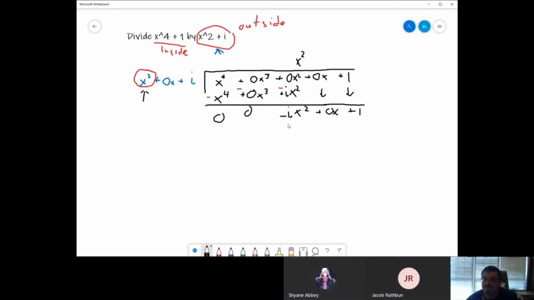Now minus i is a constant, so I'm going to put it over the constant column, which means this right here is a 0. Then you multiply. Minus i times x squared is minus i x squared. Minus i times 0 is 0. Minus i times plus i is minus i squared.